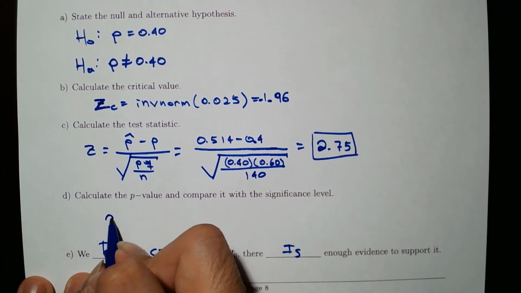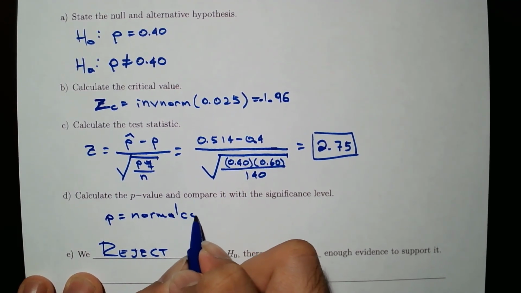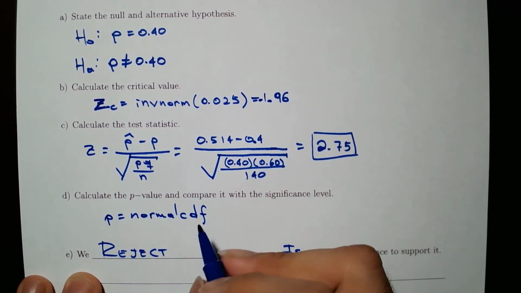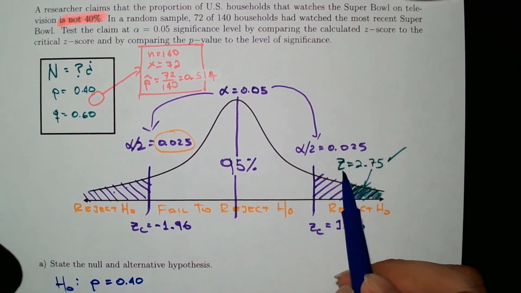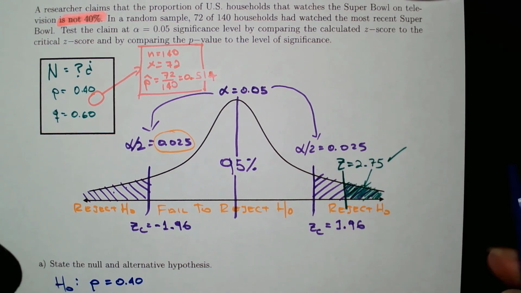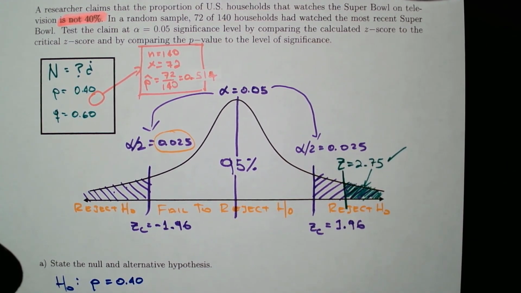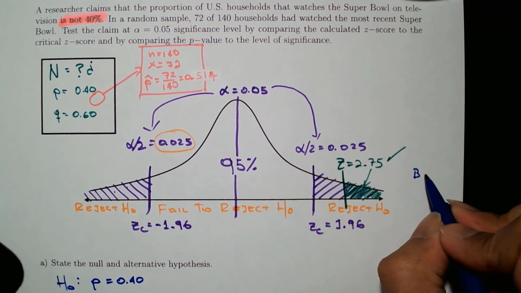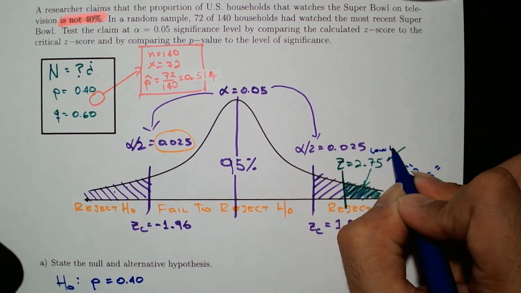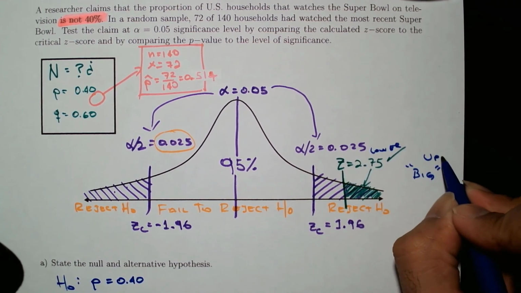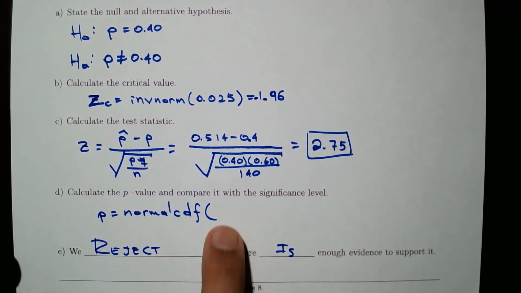P will be equal to normal CDF of, well, in this case, we go from 2.75 to a huge, big number. That's the lower and upper bound, and that's what we are going to put in our graphing calculator.